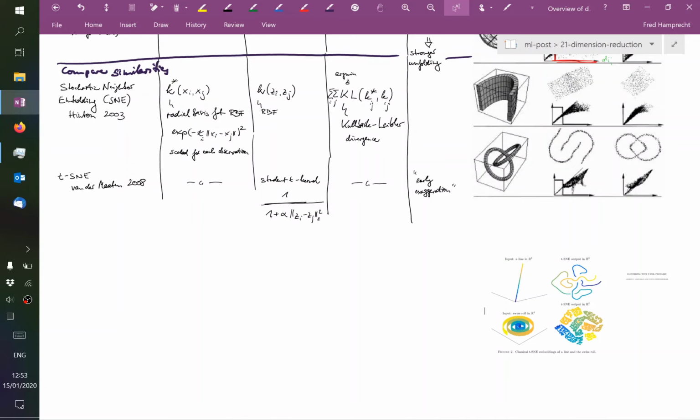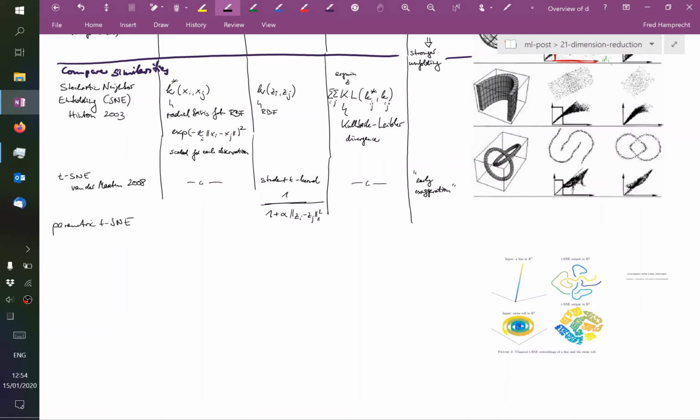So instead, you can also use a neural network to embed your points and then still evaluate the same objective. That could be called parametric t-SNE, or there's a paper called like this. And this same trick can be used for all of the methods in this table here.